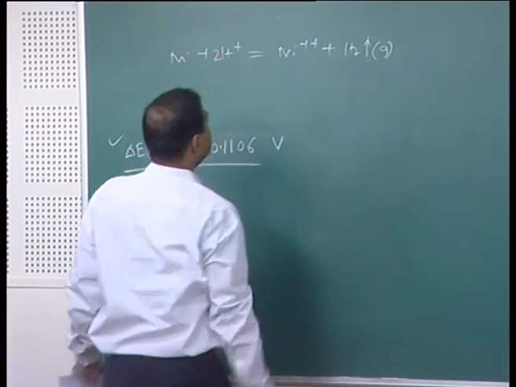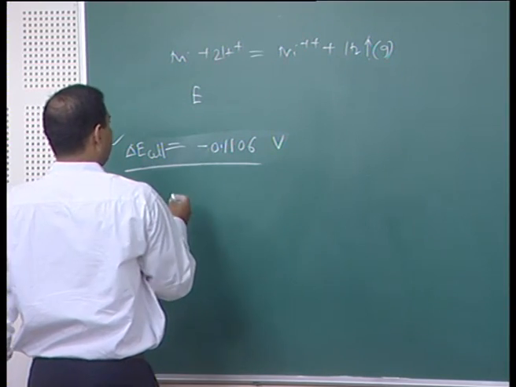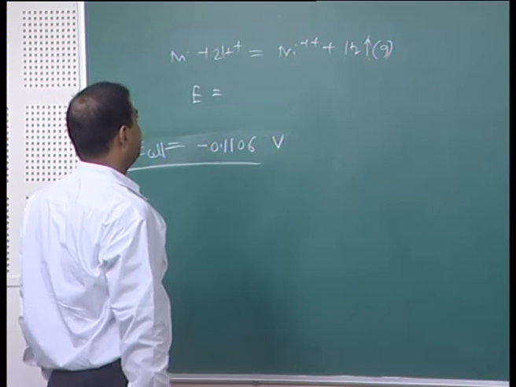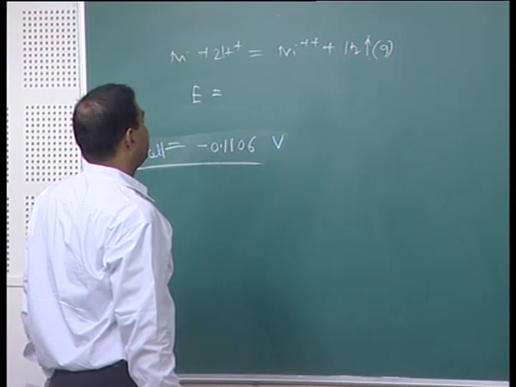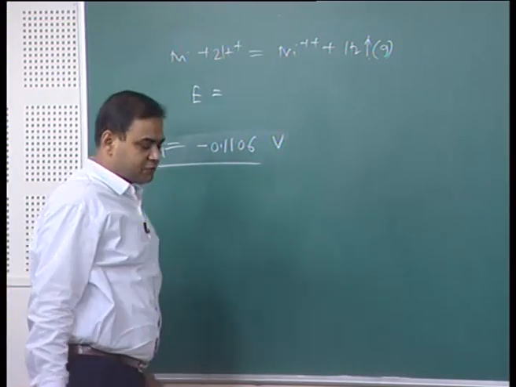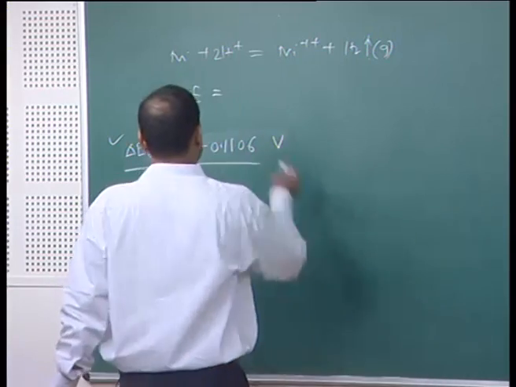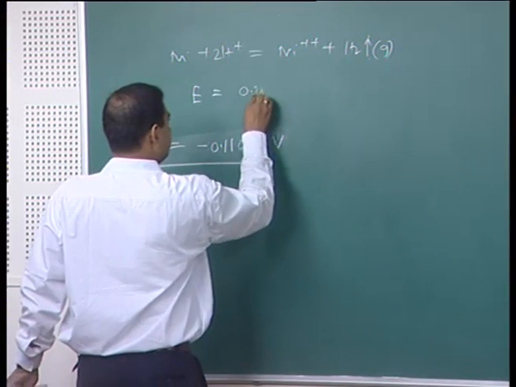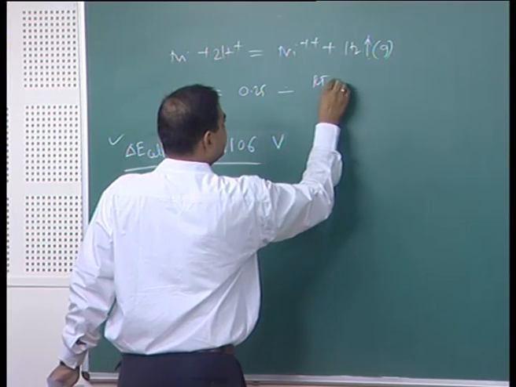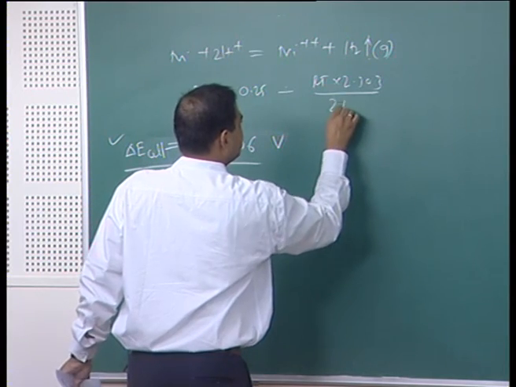This is in gas form, and the relation what we have after considering all the concentration of nickel ion in the solution, which is found out from the solubility product, as well as the hydrogen ion concentration, which is found out from the pH of the solution. So we can have this relation: 0.25 plus or minus RT into 2.303 by 2F.